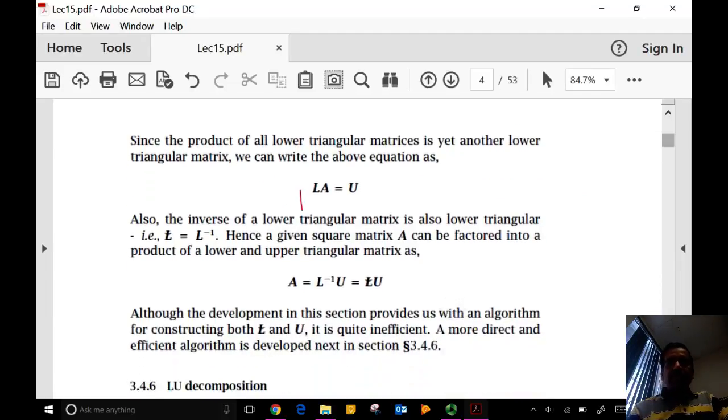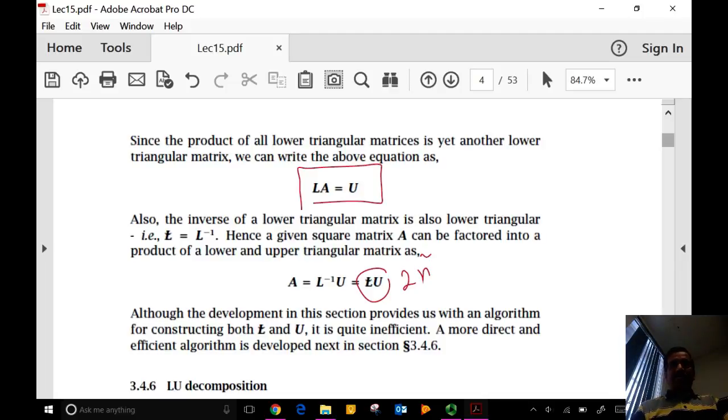So that gives you L times A is equal to U, or A is equal to L inverse U, but L inverse is also lower triangular. So that is same as L bar. I'm just going to say L bar. So A can be split into this. We saw this yesterday in the last class by saying that when you do this, you treat both L and U as unknowns, and you have two n square unknowns, n square in each matrix.